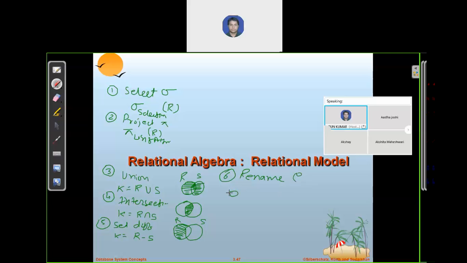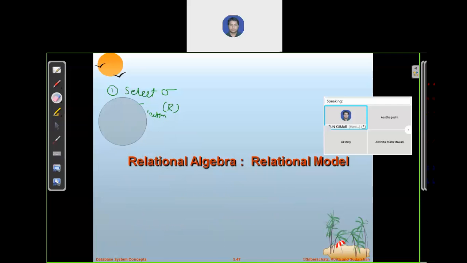The general form of this rename operator you can write as S(B1, B2, up to Bn)(R). So our relation is R and now we can change this relation name to S and its attribute names as well, B1 to Bn. So this operation we saw till the last class. If any doubt in this operation you can ask.